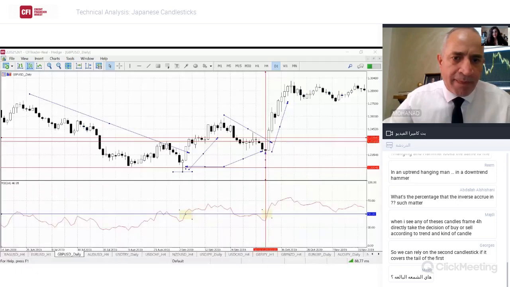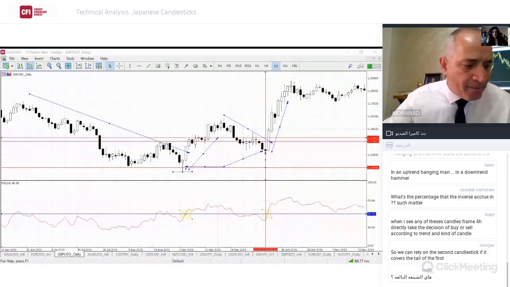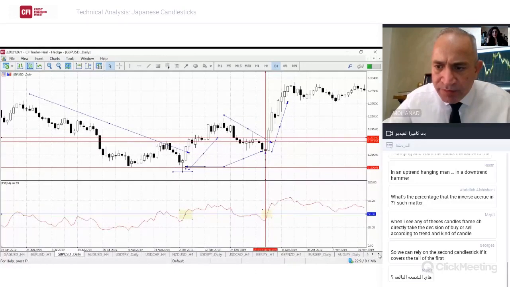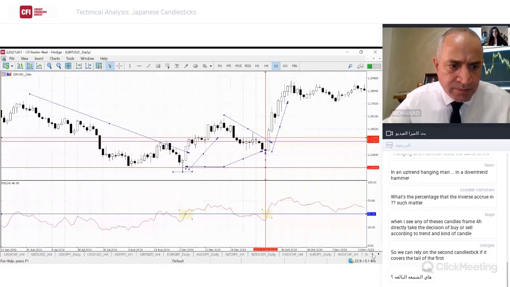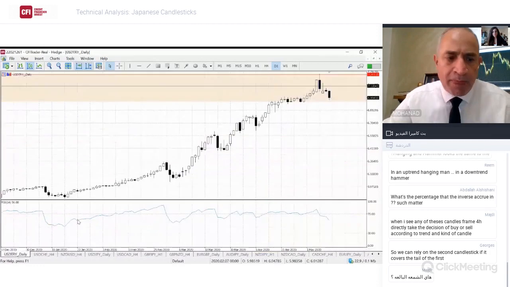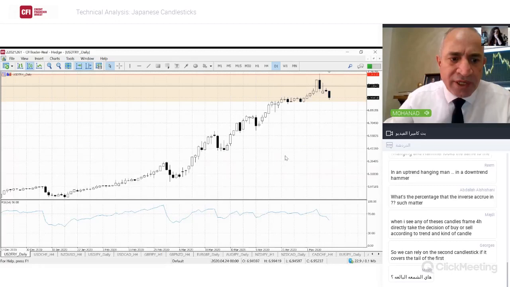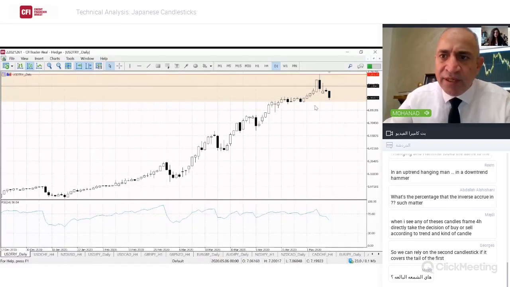Okay, let's check real examples on the platform, please. This is the bearish harami. This is the Turkish currency, the lira.